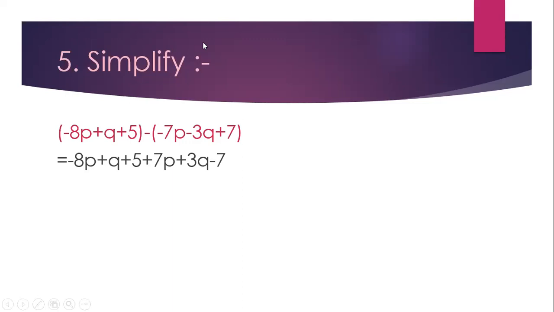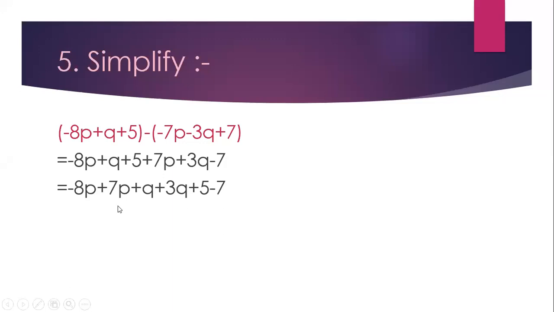Copy down the question quickly, my dear. You can solve it quickly. Yes. Here, you have written the like terms together. So, minus 8 plus 7. Answer will be negative.